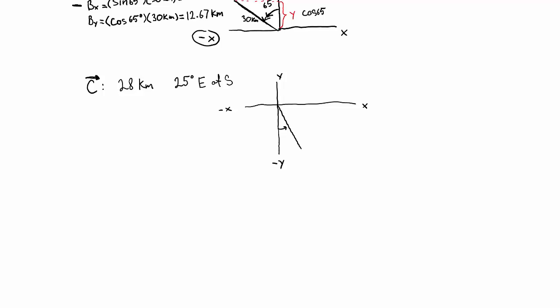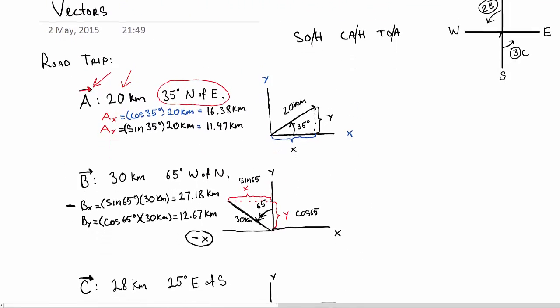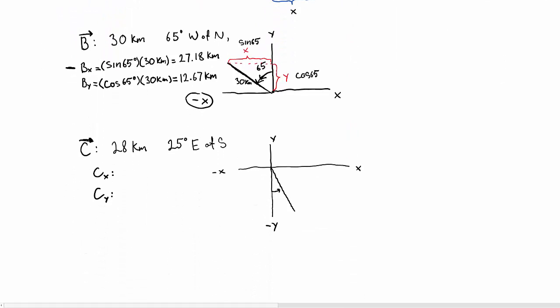Alright. Now, x, y. So, in our SOHCAHTOA, opposite this time is going to be this side, and adjacent is going to be our cosine. And they're both negative. Notice, we can put those up there.